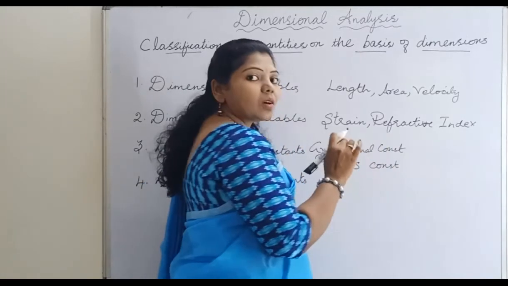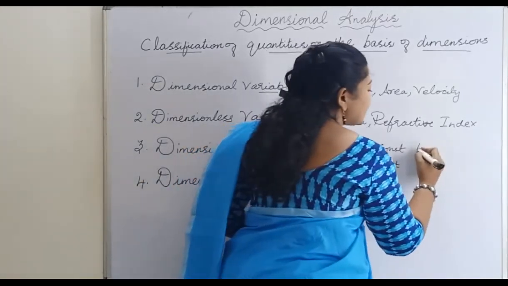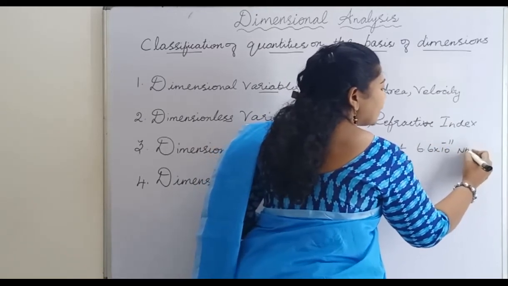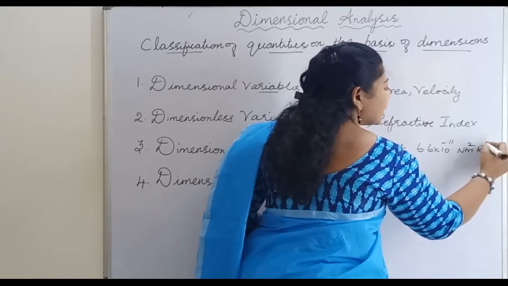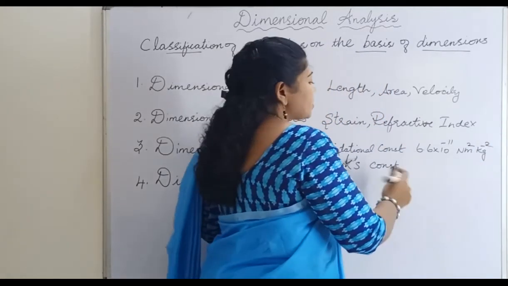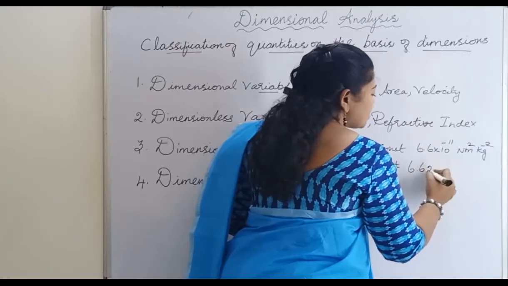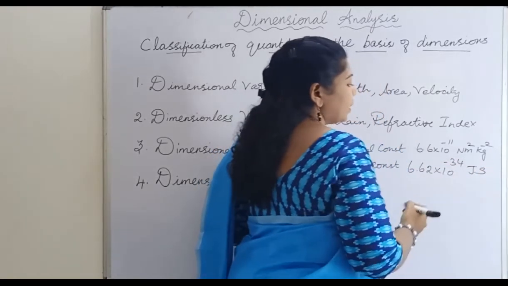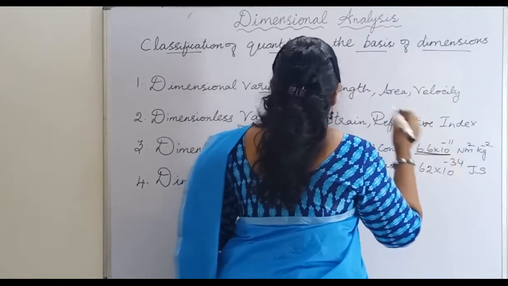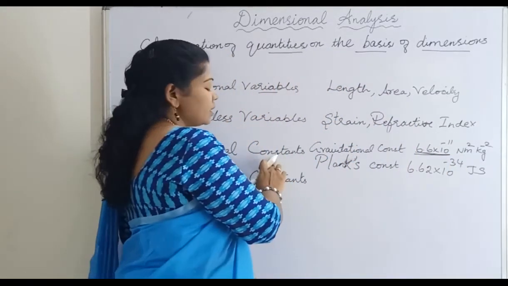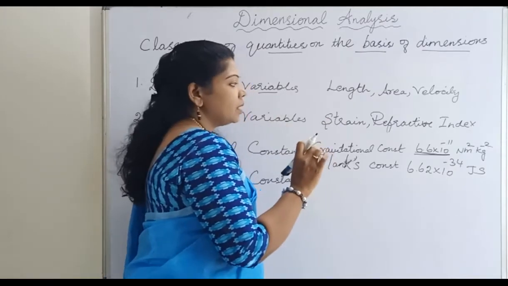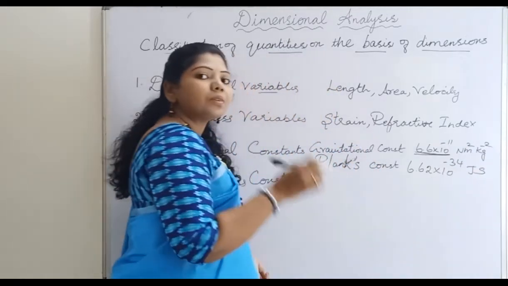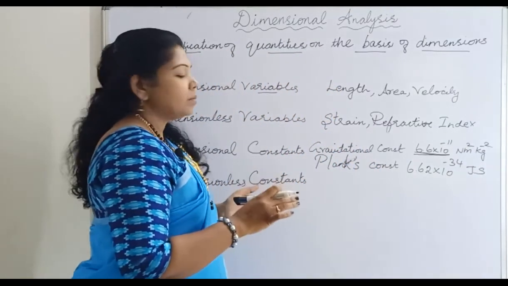The gravitational constant has a value 6.6 into 10 power minus 11 N m square kg power minus 2. Planck's constant is 6.62 into 10 power minus 34 joule second. This value is a constant. It does not change. And it also has dimension because it has a unit, so definitely it will have dimension.